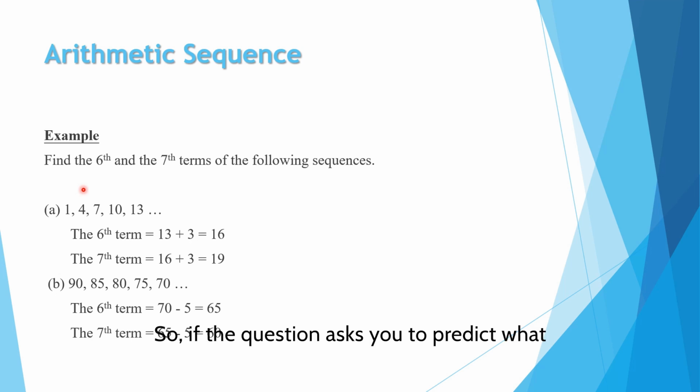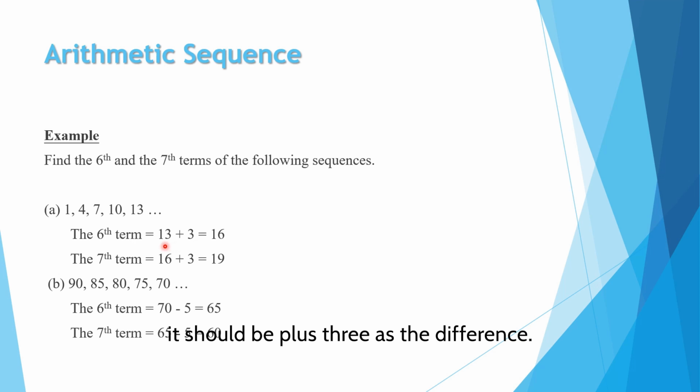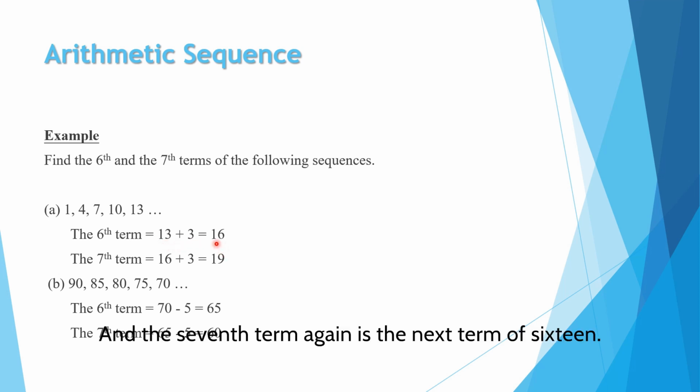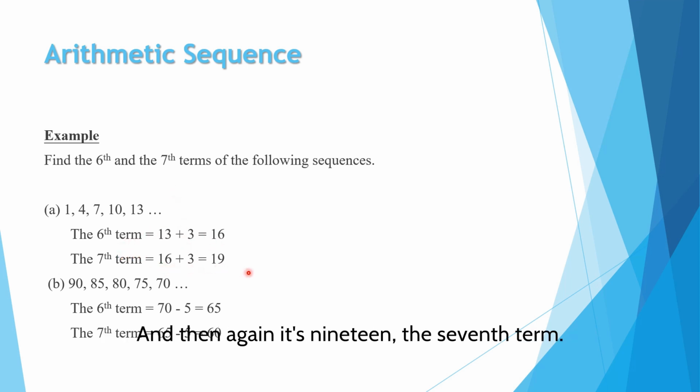So if the question asks you to predict the sixth term, which means the next term after 13, then you already know it should be plus 3 as the difference. So you just use 13 plus 3 to find the next term, 16. And the seventh term is the next term after 16. You add 3 to 16, and then it is 19, the seventh term.